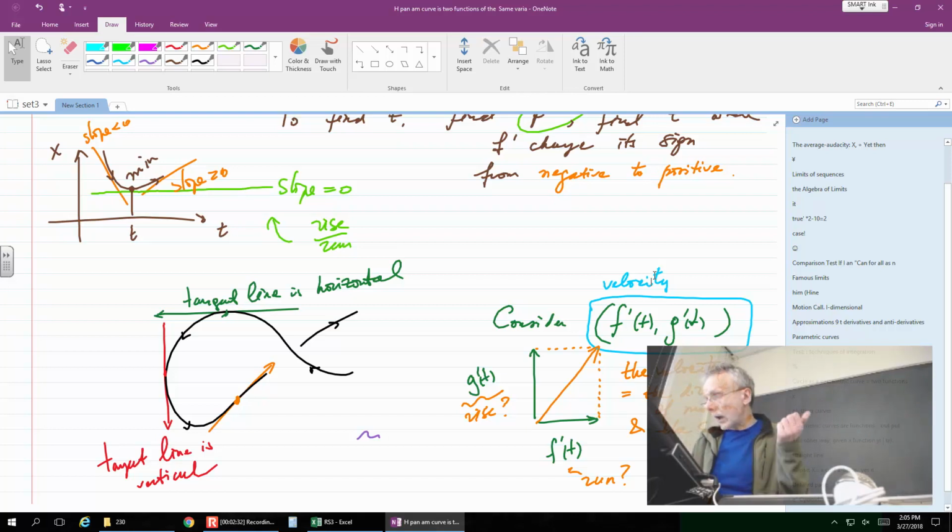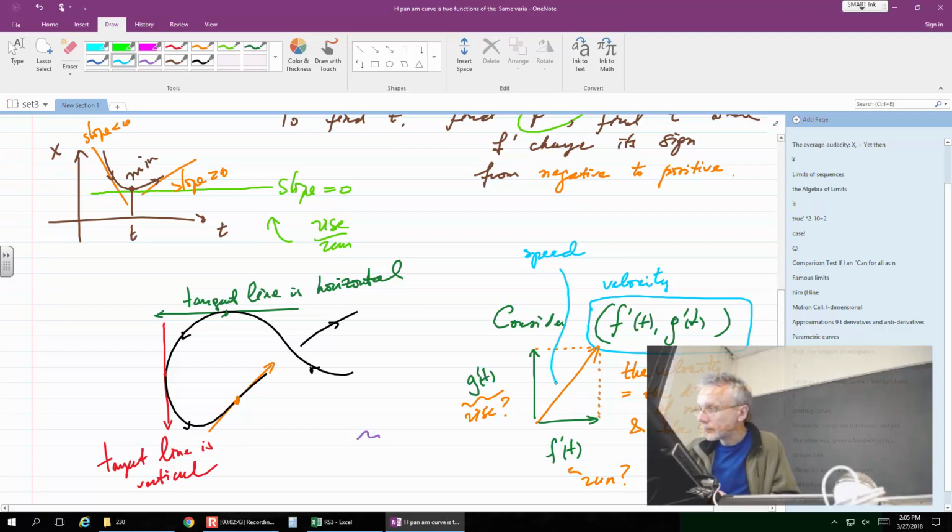So that is my velocity, and then what is the speed? The speed is, well, you can see it, this is the speed. The length of the diagonal.